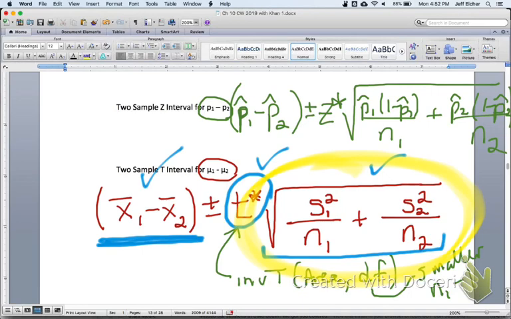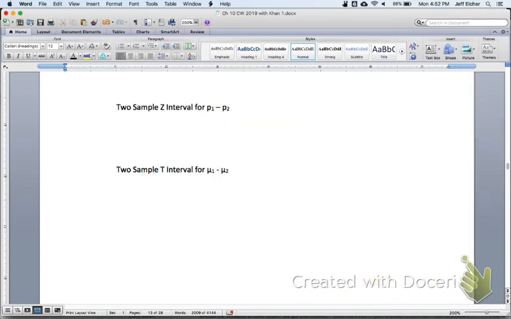So let me erase these and go over to a whiteboard setting here. We kind of did this in yesterday's introduction, but if you wanted the standard deviation of the difference in sample means for the sampling distribution, you would take the standard deviation from the first x bar 1 plus the standard deviation of the second x bar 2.